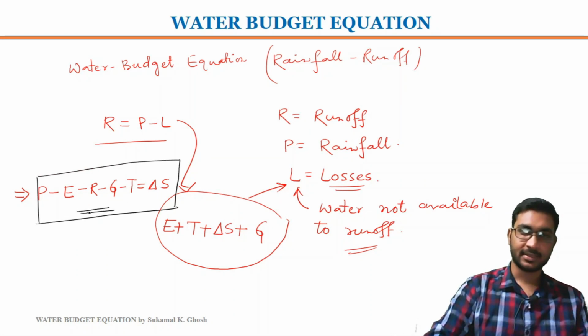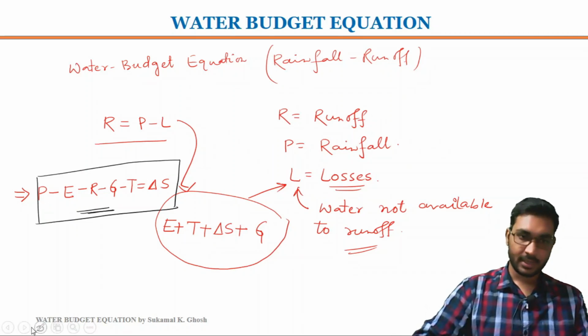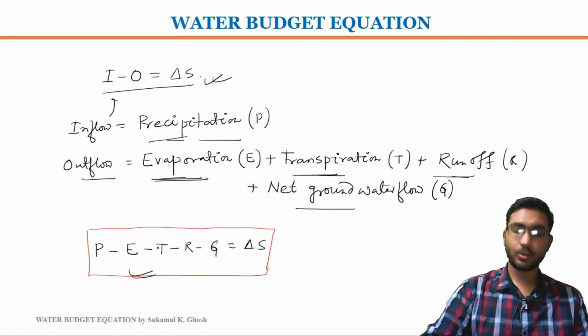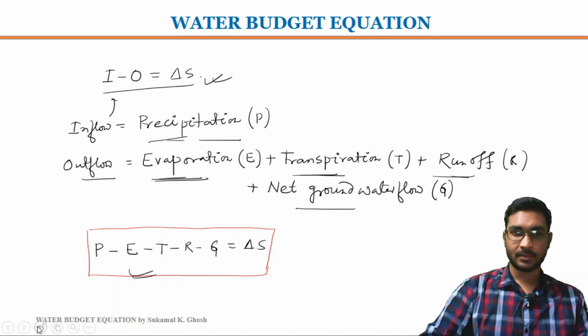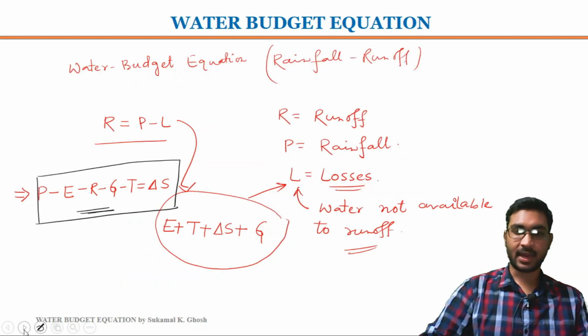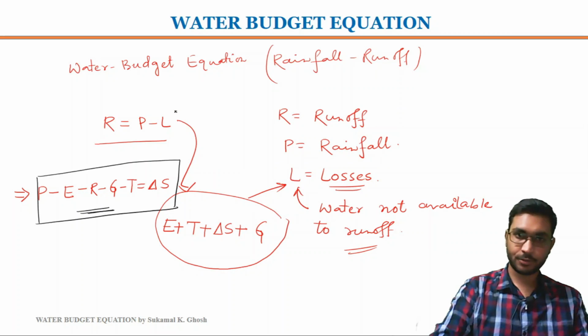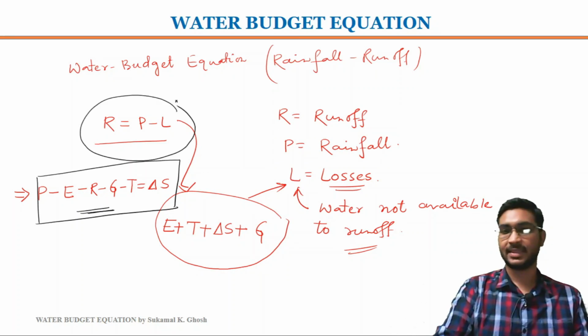These two equations are exactly the same. But if you are asked to write the water budget equation in the rainfall runoff form, you should write it like this. Both equations are basically the same.